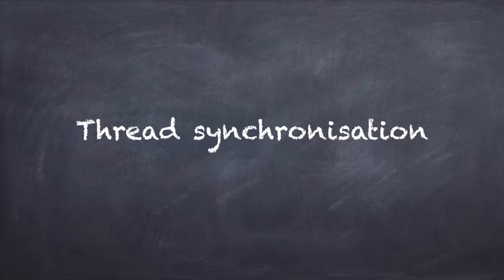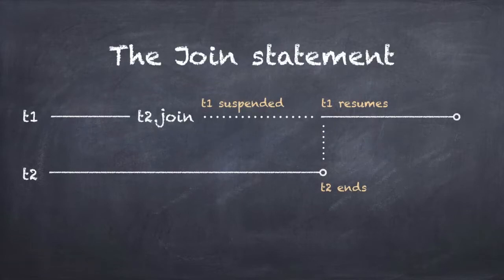You've already seen an example of thread synchronization when we looked at the thread.join statement, which suspends the current thread until another thread has finished. This is a very simple form of thread synchronization. One thread waits until another thread has finished.